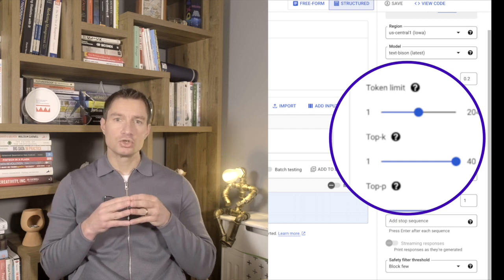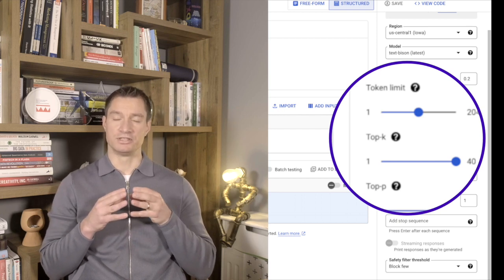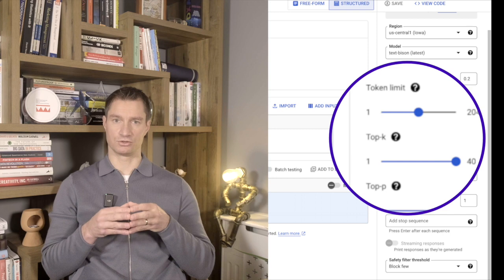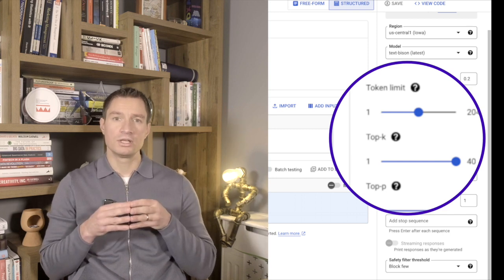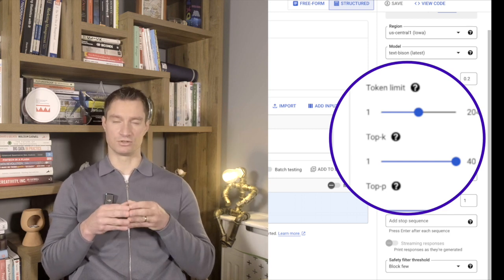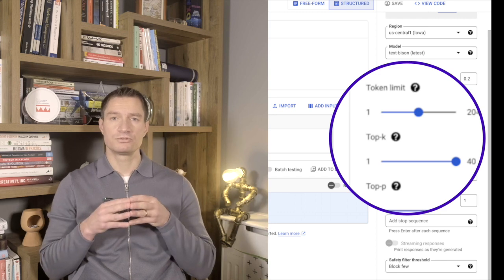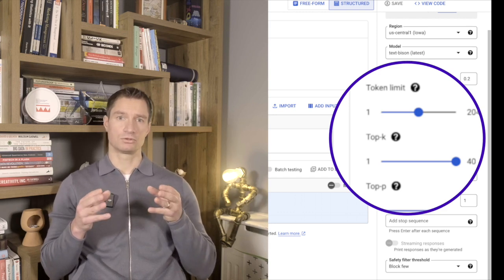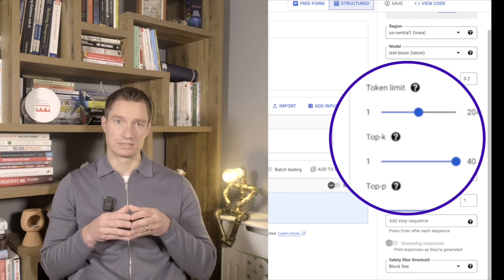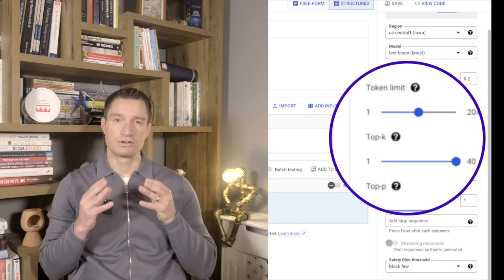Basically, should your model look for an answer within the first 40 more likely results? Or should it look only at the top 3 most likely results? Obviously, a top 3 setting would result in more accurate outputs. By contrast, a top 40 setting will result in more creative random results.